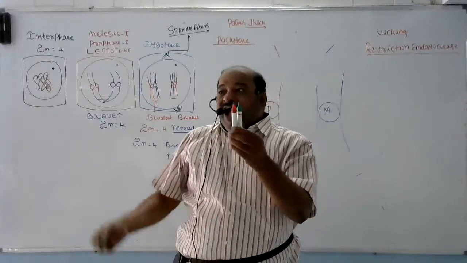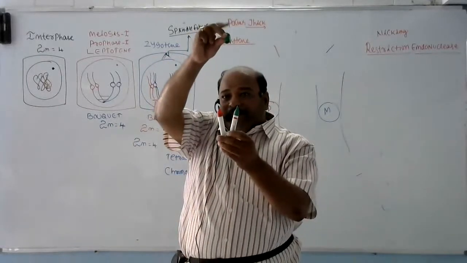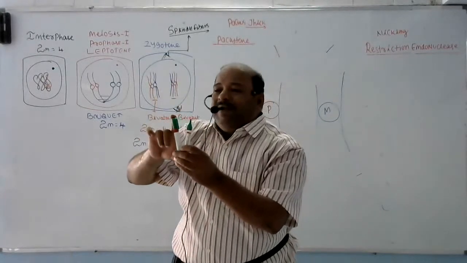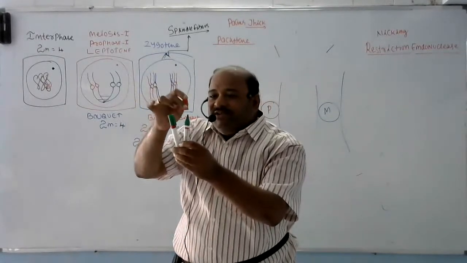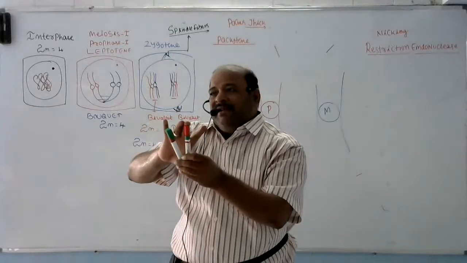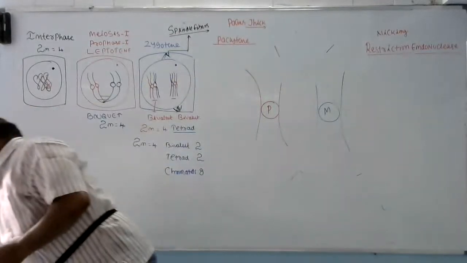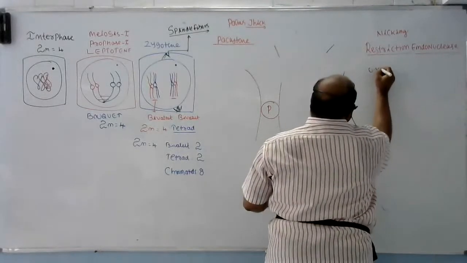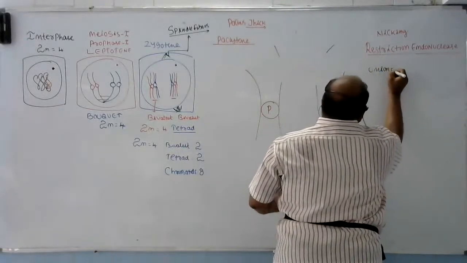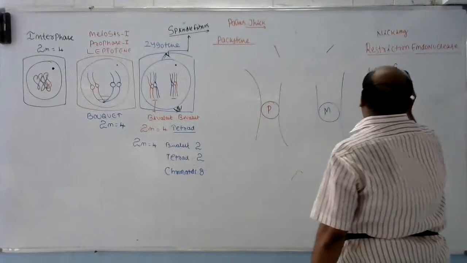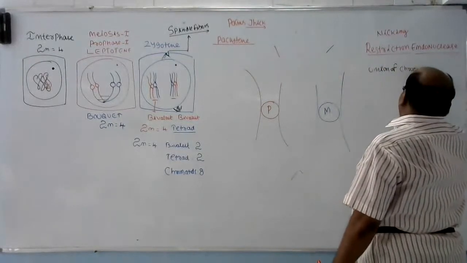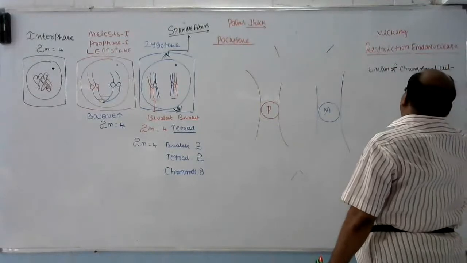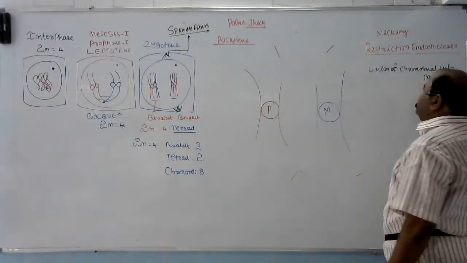Cut. After that, this cut portion of the paternal will be united with the maternal. The maternal part is united with the paternal. Opposite. So during this process, another enzyme is present. It is useful for the union of chromosomal cut parts.